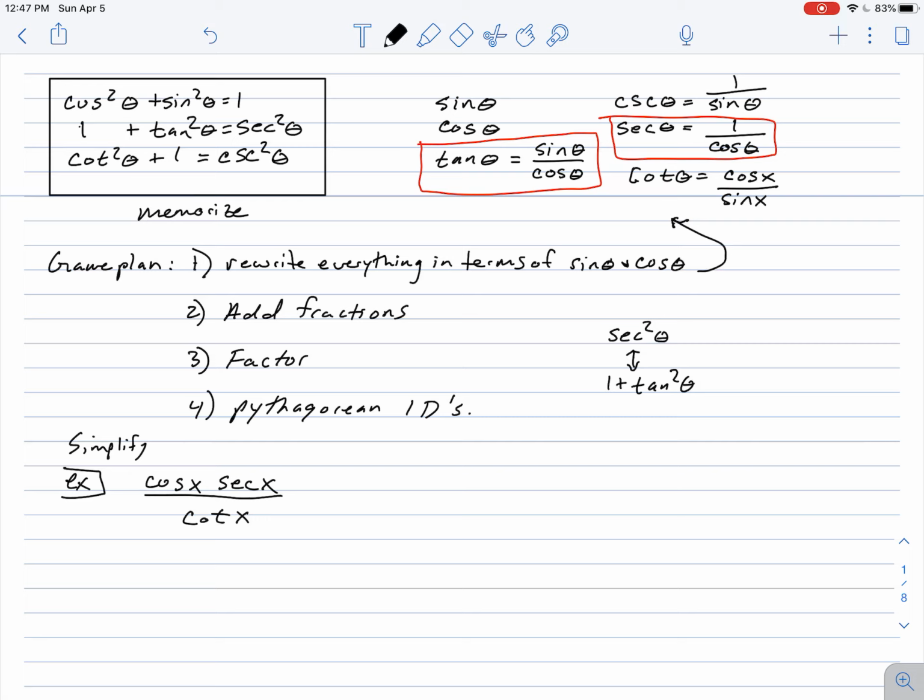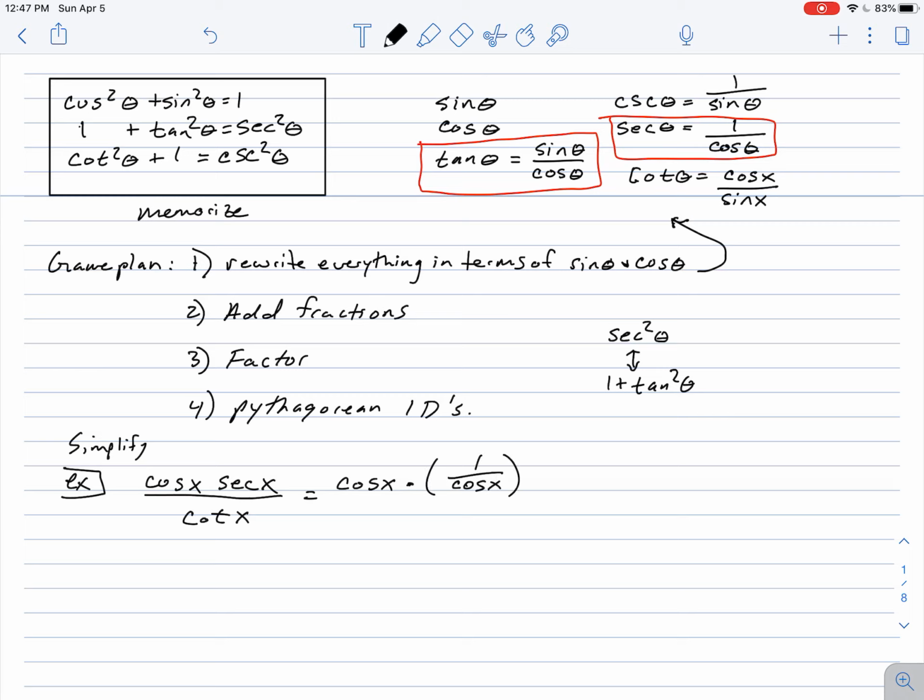So in this first problem, because it's just one fraction, and I don't see anything to factor, and I don't see any Pythagorean identities, I'm going to try the first option, which is rewrite everything in terms of sine and cosine. So cosine, well, that's just cosine. That doesn't get rewritten. It's my building block, okay? Secant, though, secant is 1 over cosine. So this is going to be multiplied by 1 over cosine x.